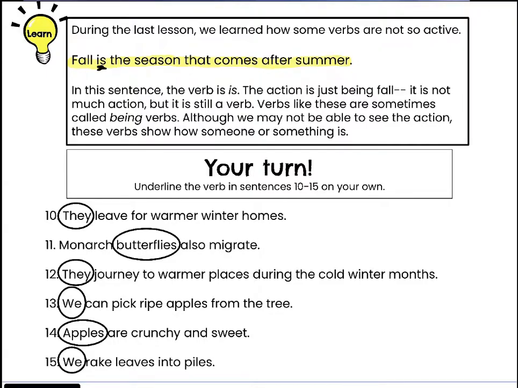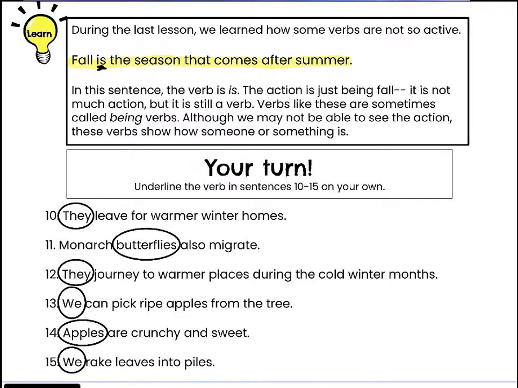That is our verb. The action is just being fall. It is not much action like fly or burst, but it's still a verb. Verbs like these are sometimes called being verbs. Although we may not be able to see the action, these verbs show how someone or something just is.